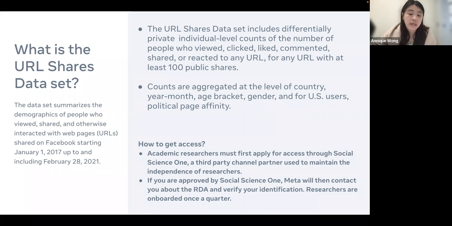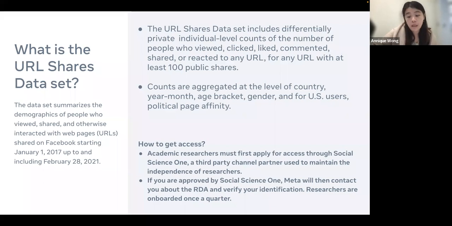And this data set is very exciting because it was designed to allow researchers to study the distribution of URLs on Facebook and how users interacted with them. I did mention that it is protected by differential privacy, which is a privacy preserving technology that adds enough noise to the data to provide a guarantee that no significant additional information can be learned from the individuals in the data set beyond what is already available from any external public source.